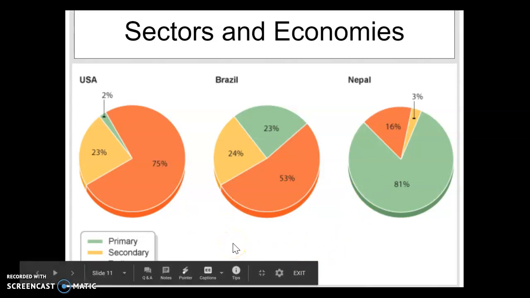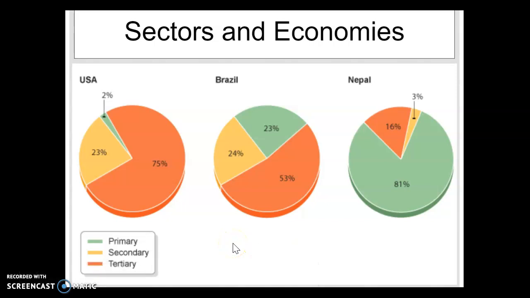So on the left, we've got the US, and we can see that they have 75% in the tertiary sector and 2% in the primary sector, whereas we can see Nepal at the other end, which is a much more low-income country, and they have 81% of their GDP in the primary sector, so in farming, etc., and very little in the secondary sector, which would mean that in Nepal there's not going to be so many factories and things.